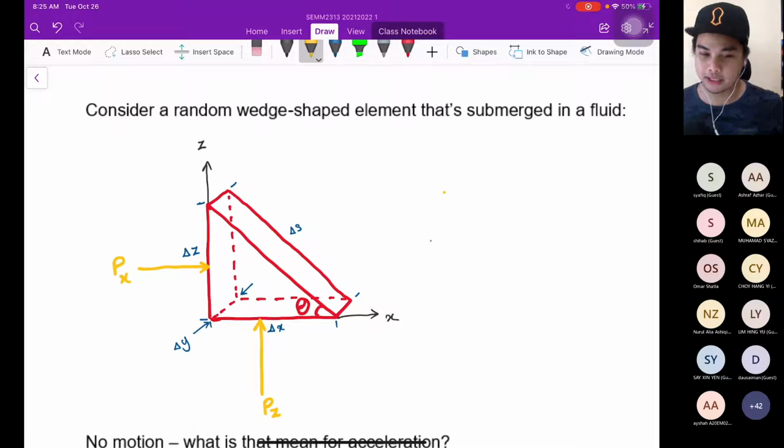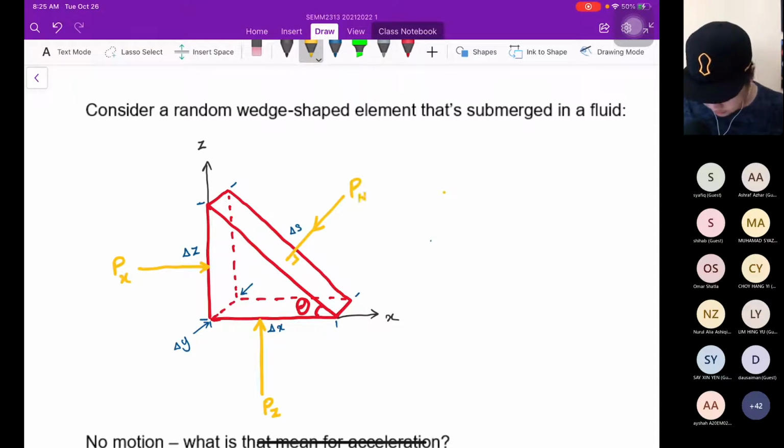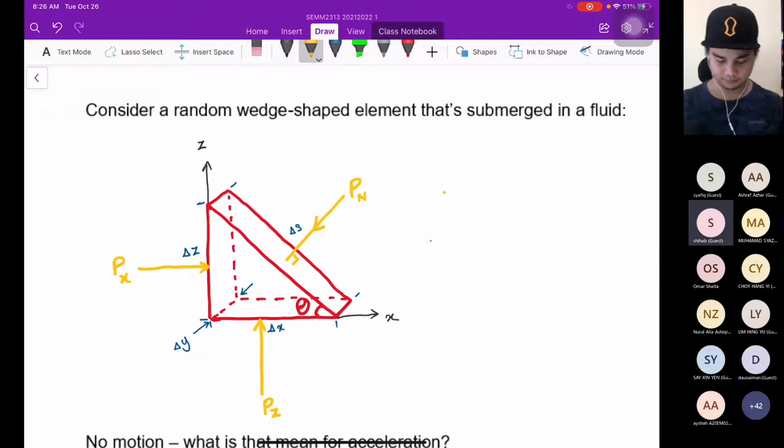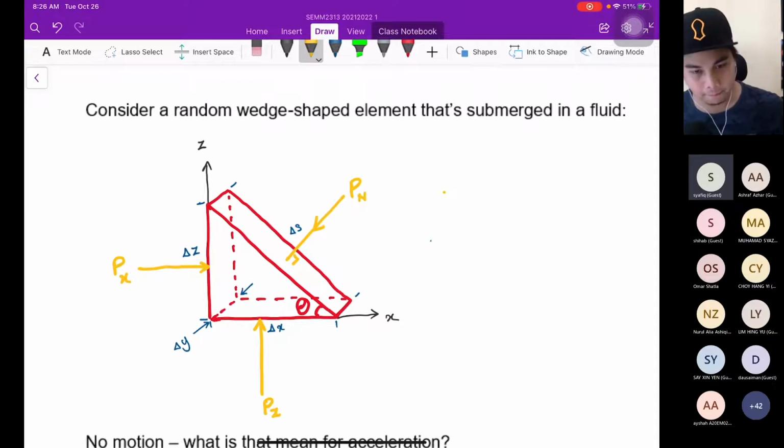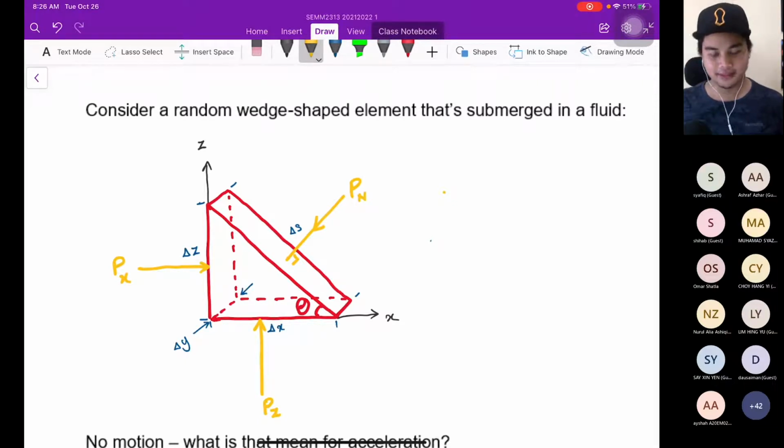Should be perpendicular, right? So we have P normal. Any other force? We have one more force. Weight. Yes, perfect, Shafiq. Weight of this element.